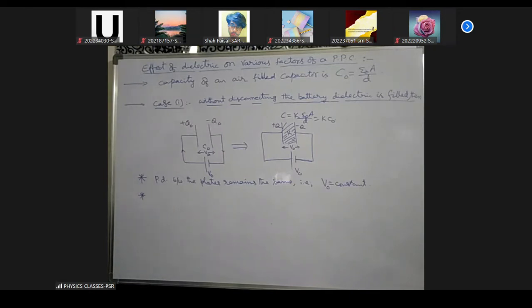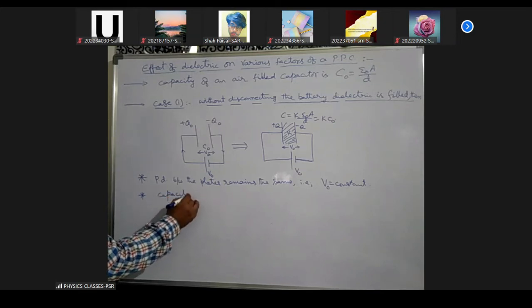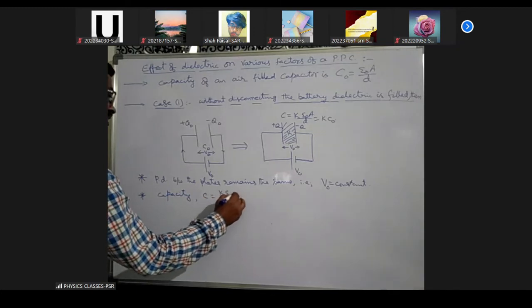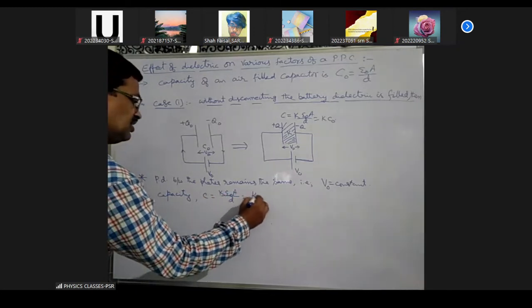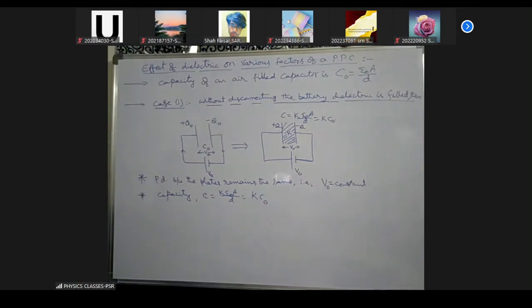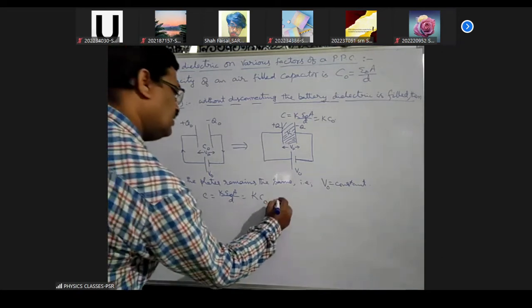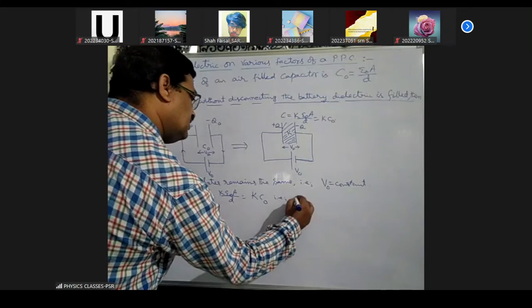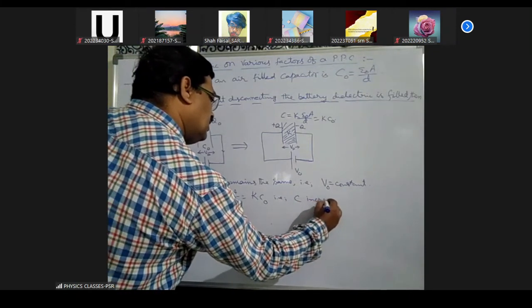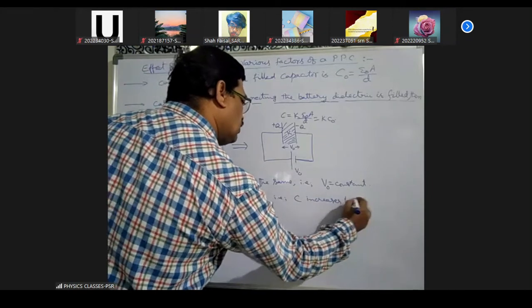Next, what about capacity C? Capacity C is equal to K epsilon naught A by D, which is equal to KC naught. So capacity increases to K times.